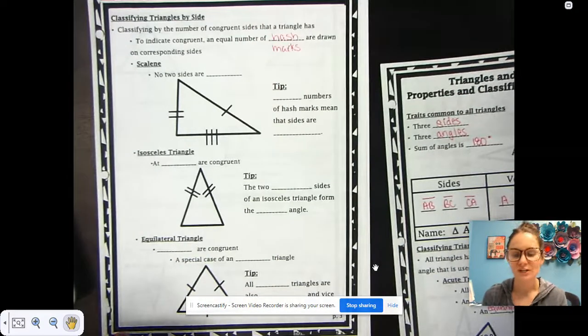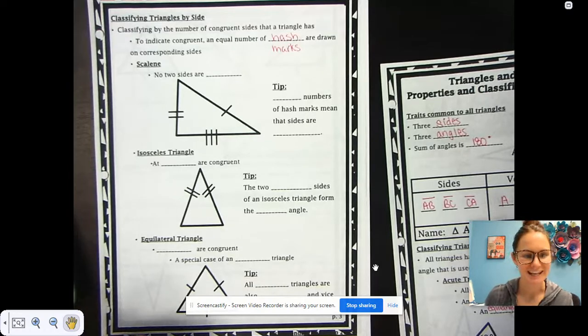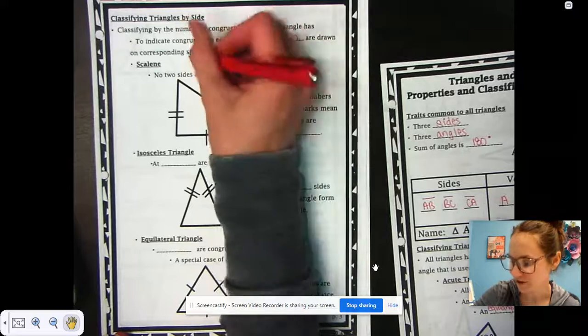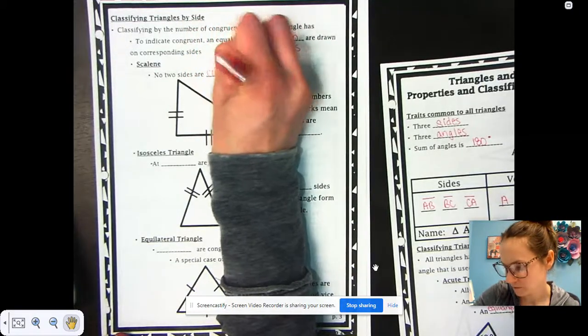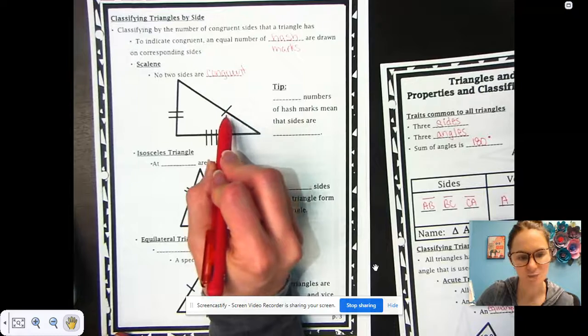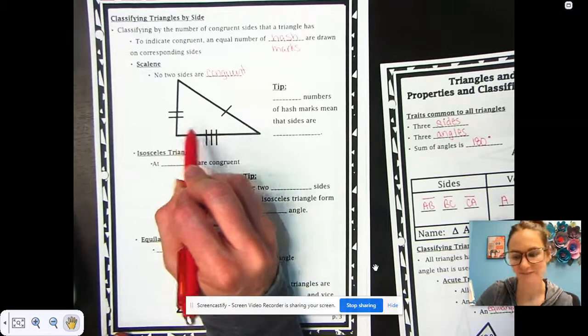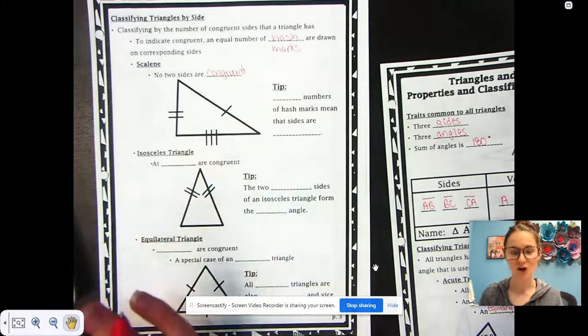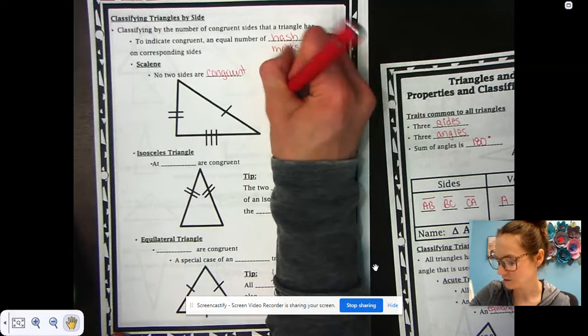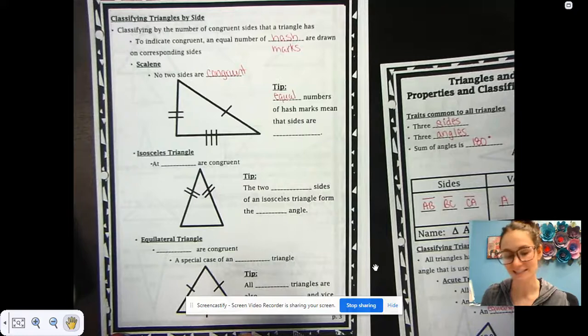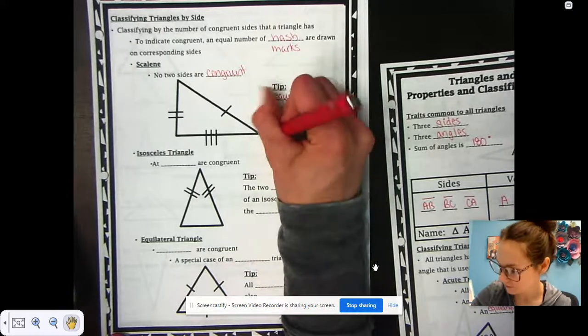On here, the first triangle we're going to go over is scalene, and no two sides are the same, or they are not congruent. Notice that these tick marks, this one is different from the 2, is different from the 3, signifying that they're all different measures. Your tip is, equal number of hash marks means that sides are congruent.